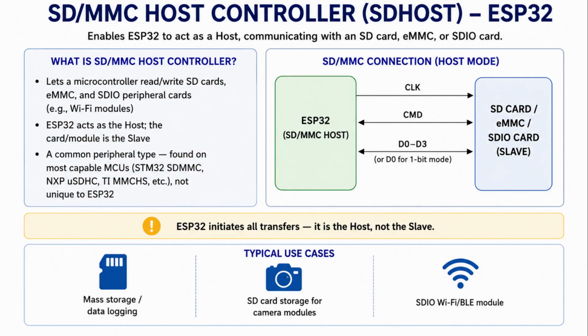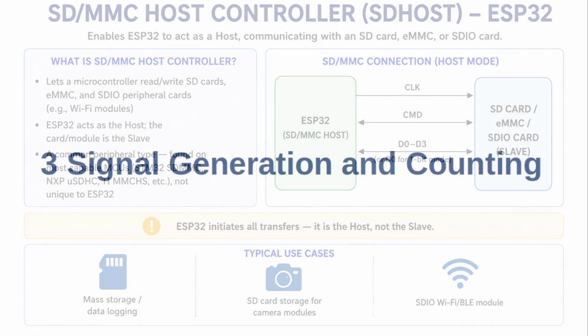But the important difference is the direction of control. Here the ESP32 starts the transfer. So remember the distinction: SDIO slave, ESP32 waits for the host; SDMMC host, ESP32 controls the transfer. Typical applications include data logging, camera storage and communicating with external SDIO devices.